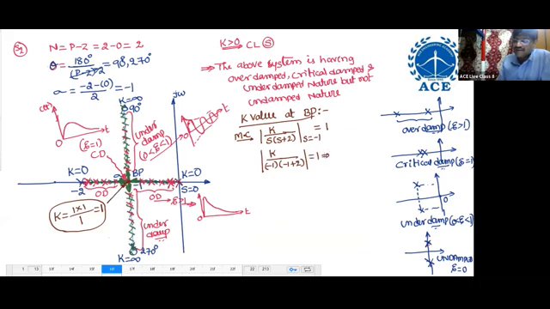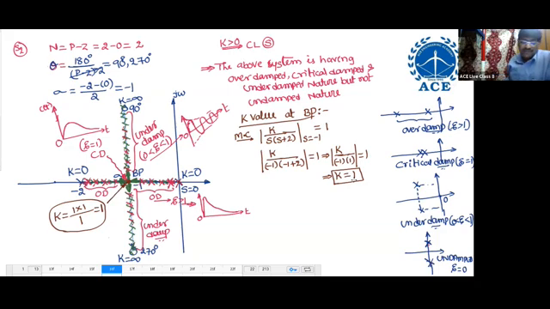Solve it: K equal to 1. So the K value at the breakpoint is 1. Either use product of lengths or the magnitude condition, the answer is not going to change.